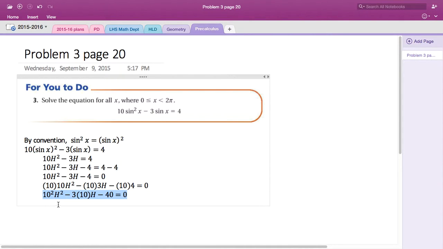We know this 10 squared times h squared we can rewrite as 10h squared. And here, 10 times h, we can say that's 10h, minus 40.